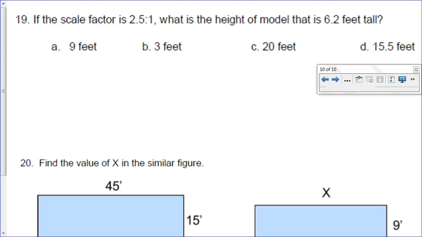what we know is a model. So there, we have a model of something. We've modeled something, and it's 6.2 feet tall. Okay?